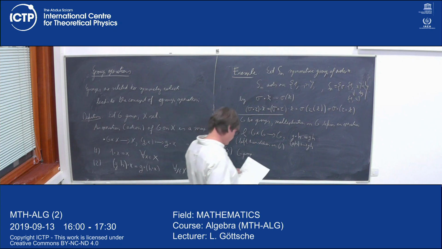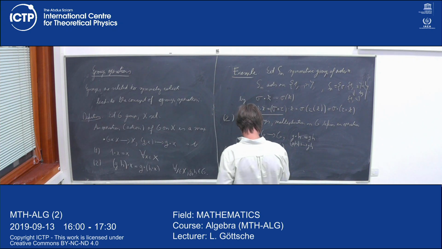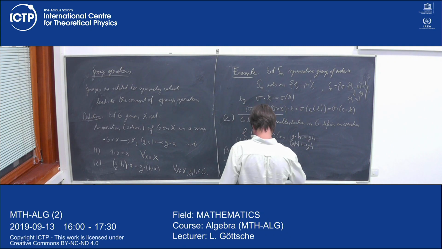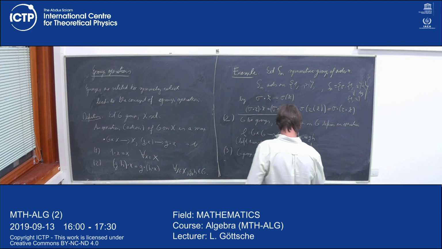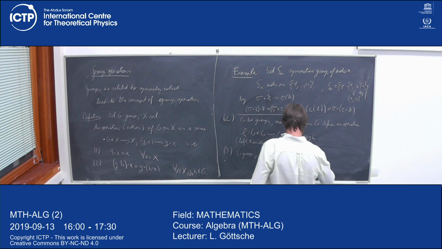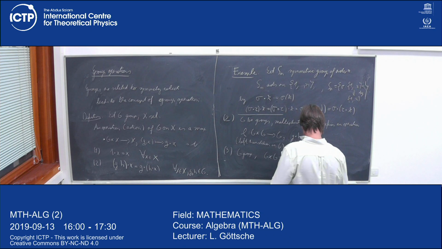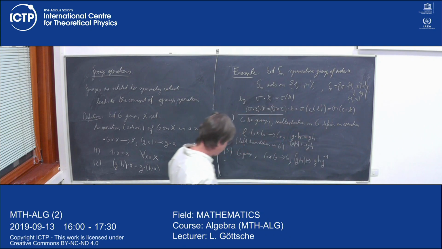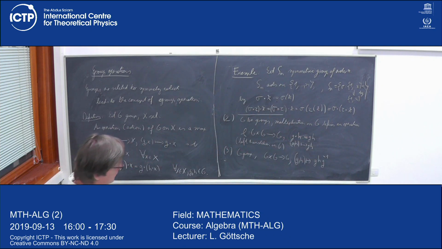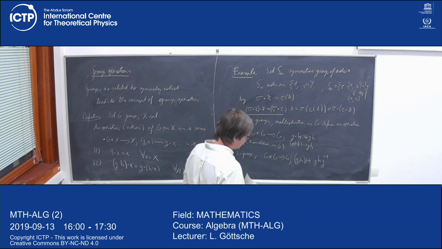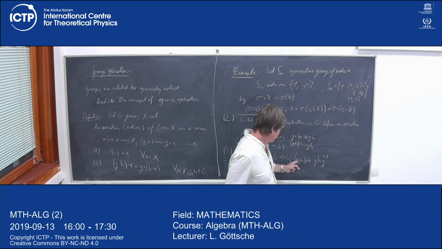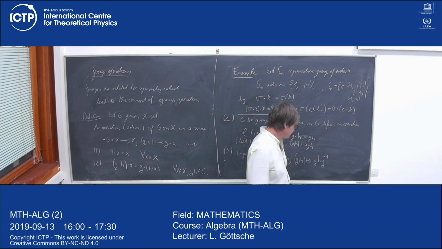So G is a group again, and we now have an action, the conjugation action from G times G to G, where (G, H) is sent to G H G to the minus 1. And again, I claim this is an action, because obviously if we take the element 1, it does nothing.